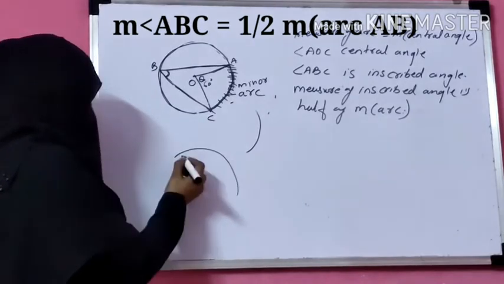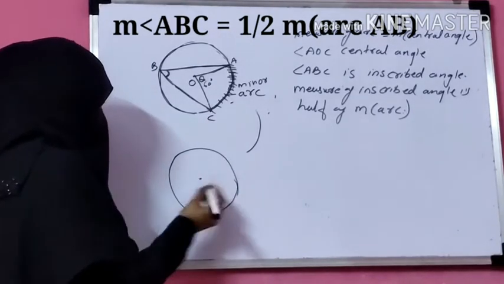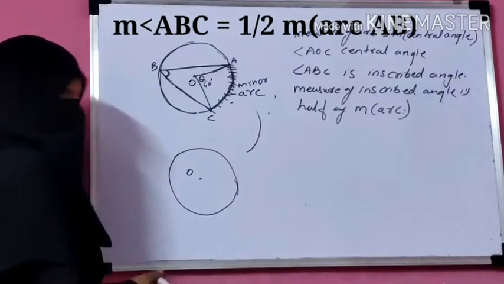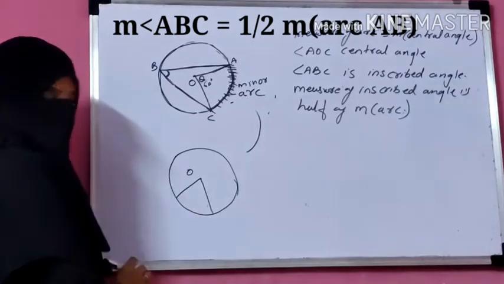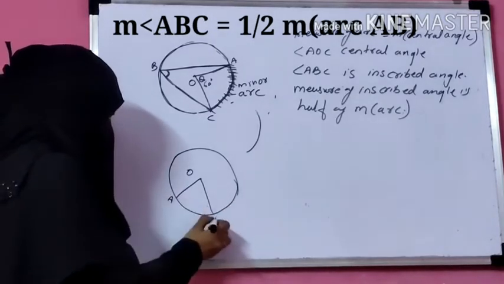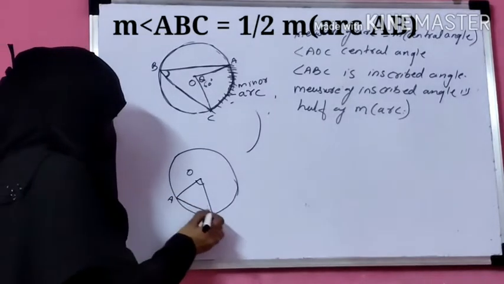Suppose this is the center of a circle and this is the central angle, that means AOB is the central angle and AB is the chord.